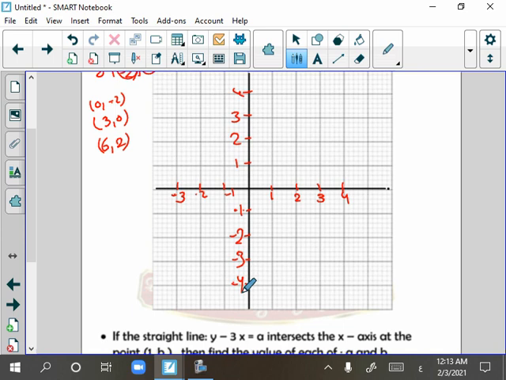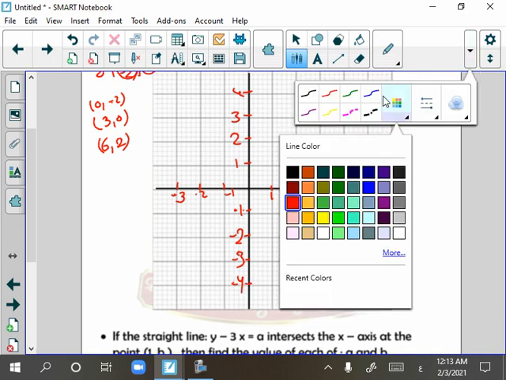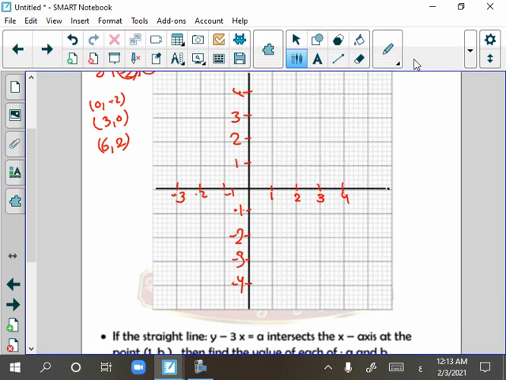The first point is 0 and negative 2, and the second one is 3 and 0, and the third one is 6 and 2. They will be here, and we will draw a straight line between 0 and negative 2, and 3 and 0, and 6 and 2.